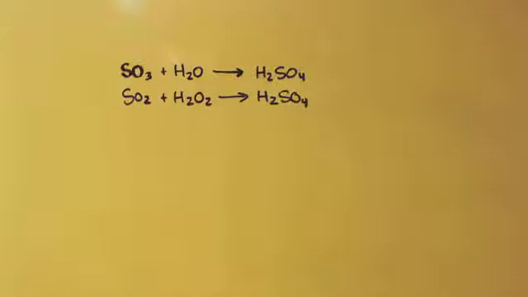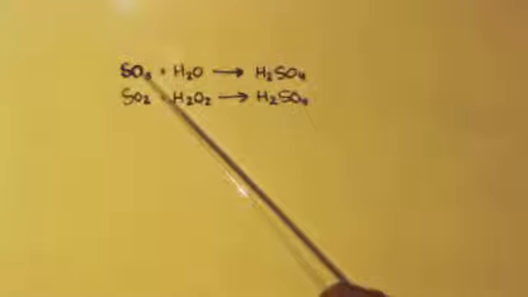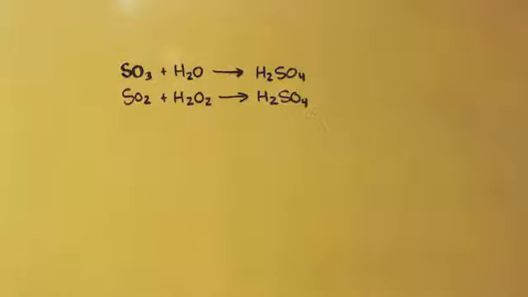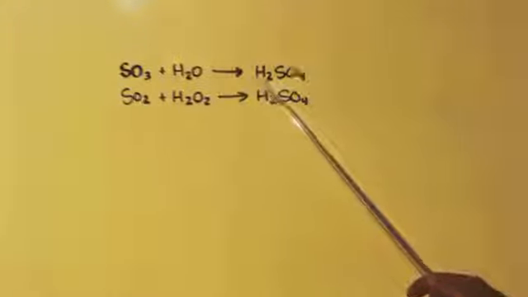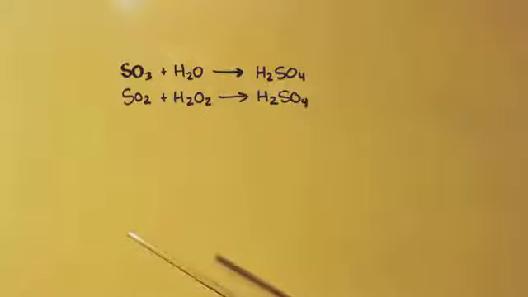But this way right here, if you try it, keep in mind that if you put sulfur trioxide into water, it's a violent exothermic thing, and it will react and get out of control. The way they do it is you already have concentrated sulfuric acid, right?